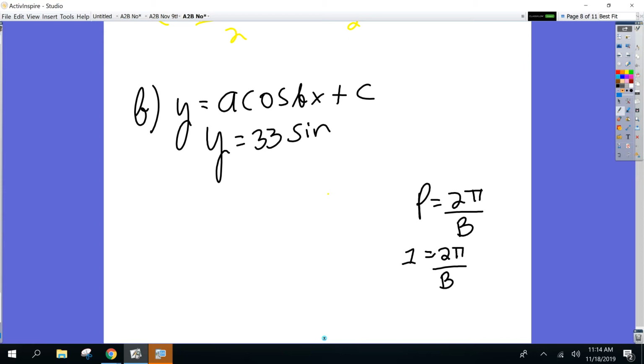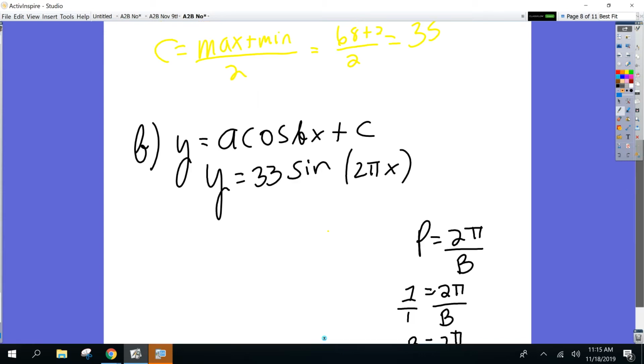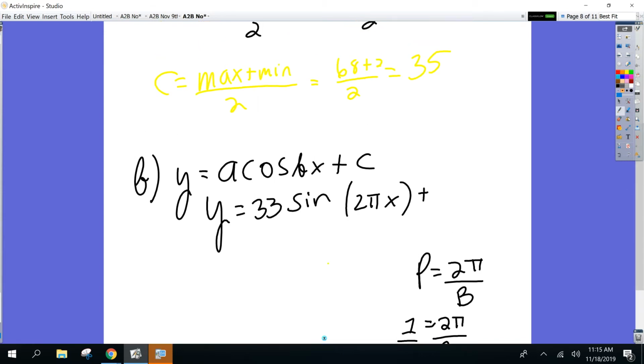Cross multiply. Ready? 1 times B is B. 1 times 2 pi. So my B value, 2 pi x. And then my C value, plus 35.